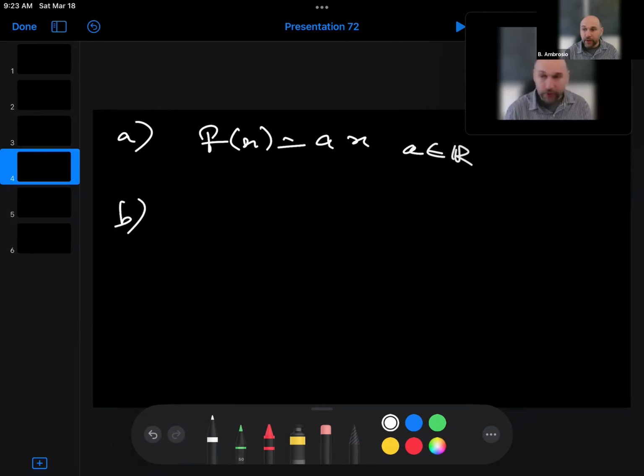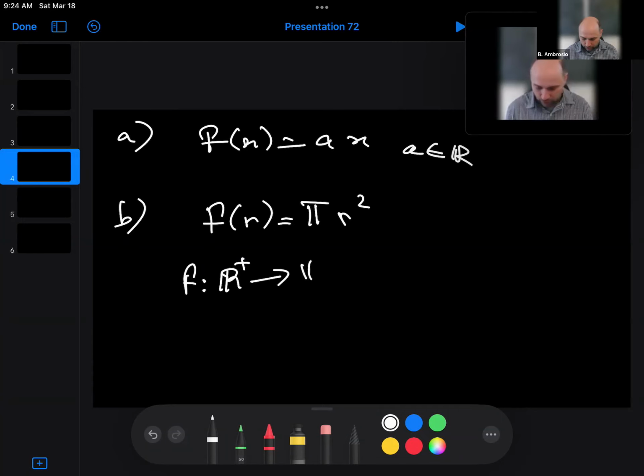Let's try to connect that with real things. So for example, I can also call f of r equals pi r squared. So this is a function, and here I will say that f is from positive numbers and 0 into R, even though this is always positive. So what's that?